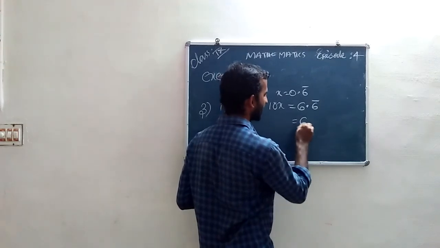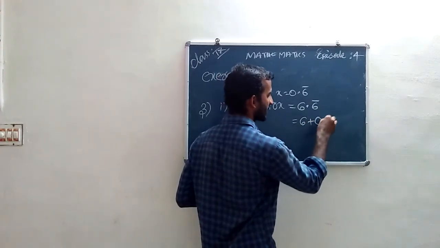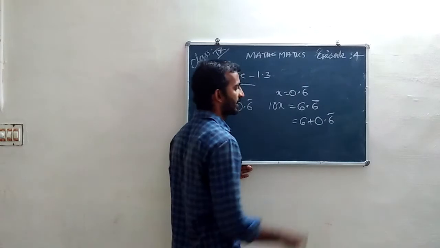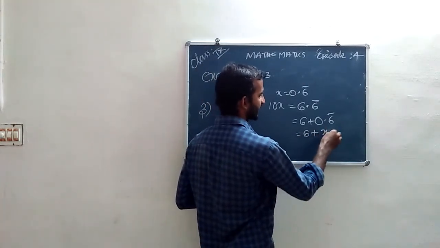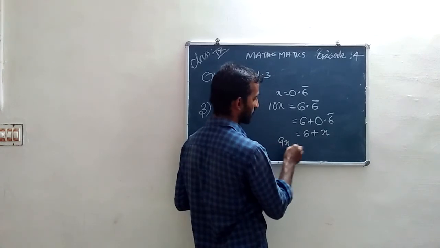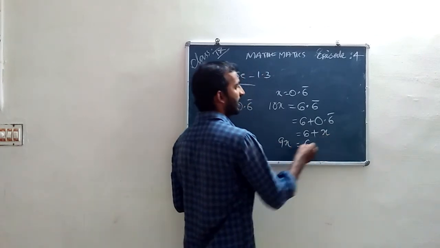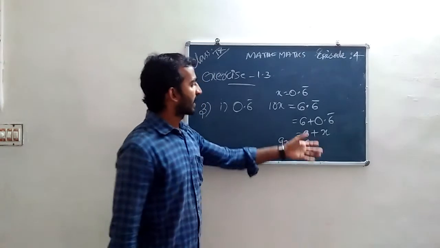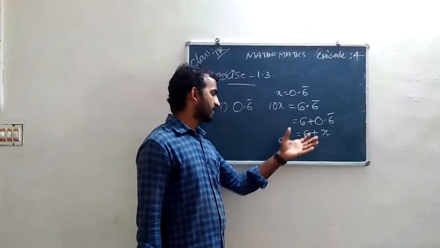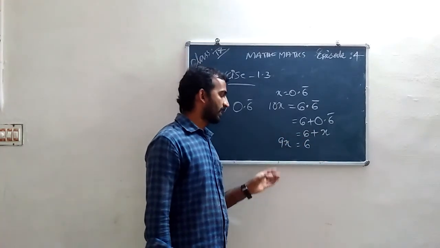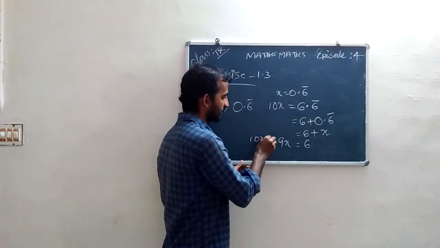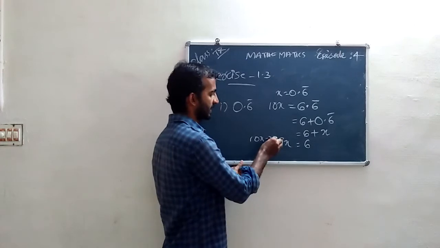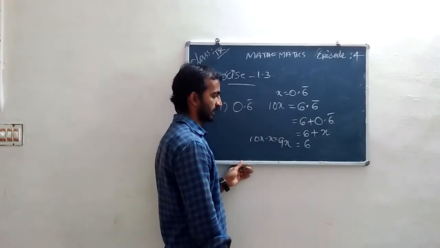That is, we can write 6 plus 0.6 bar, that is 6 plus x. When we move x from the right side to the left side, 10x minus x equal to 9x, that is equal to 6.